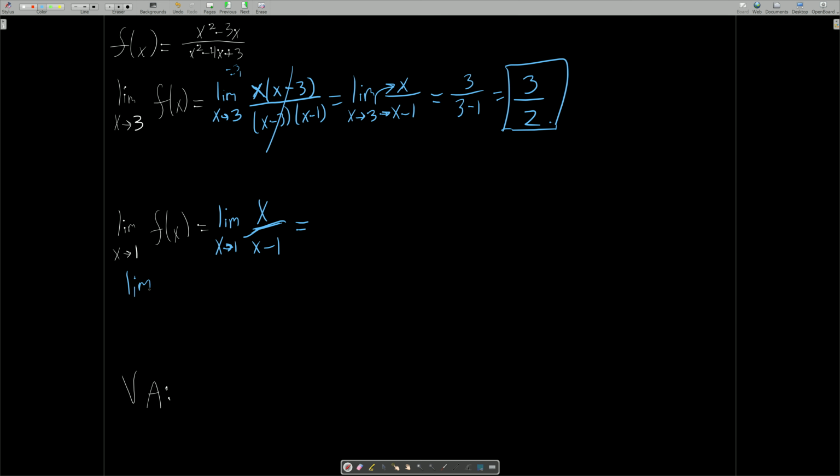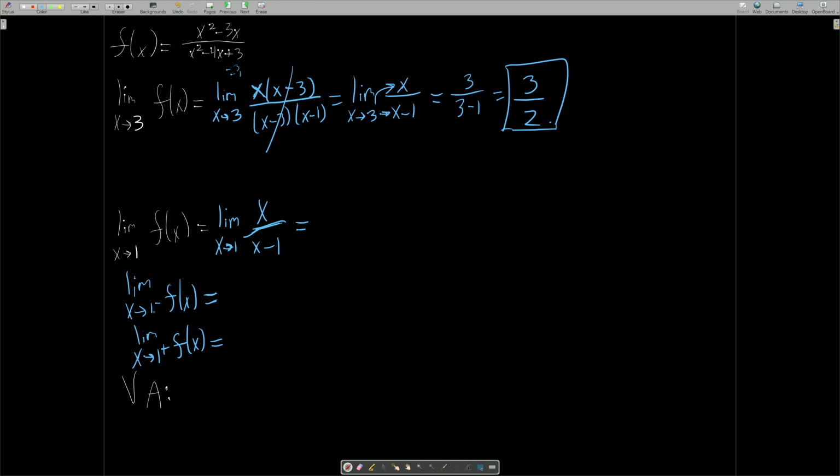What we have to do again is evaluate the limit from the left and from the right. And eventually you'll learn just how to do this without needing to write all this out.